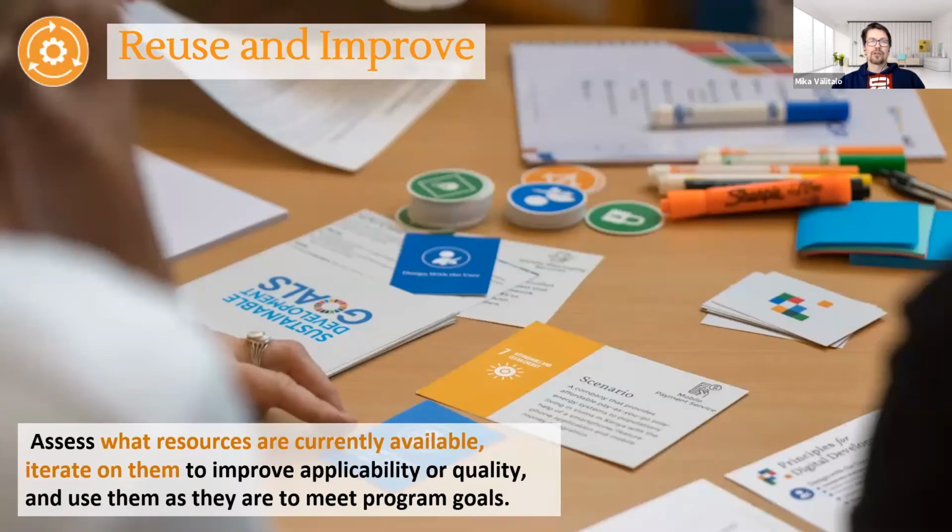And then I'll also talk about reusing and improving. So here, my rule of thumb is be as lazy as possible. And what it means is that I've heard many times organizations getting excited about building their own app, whether it's about data collection or some kind of communication tool or whatever it is.